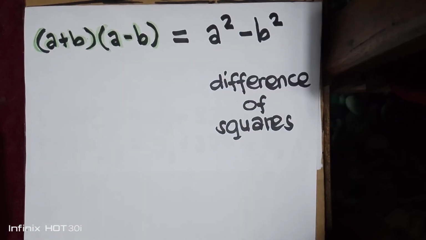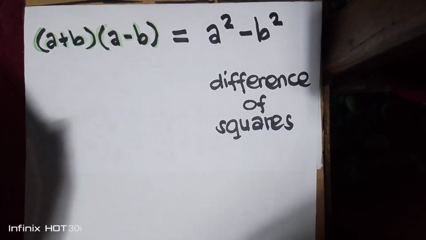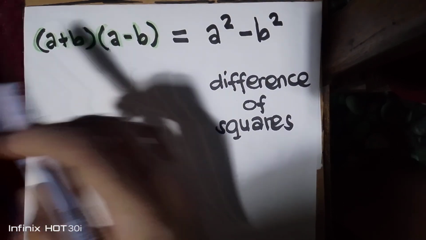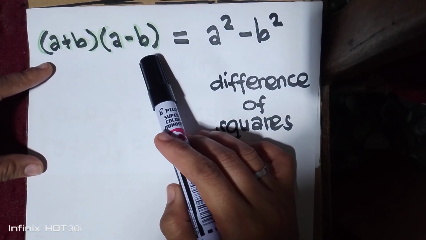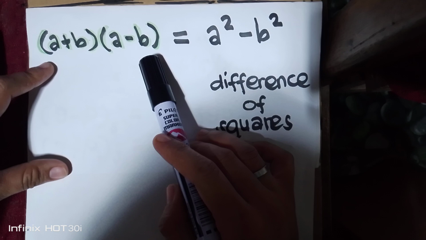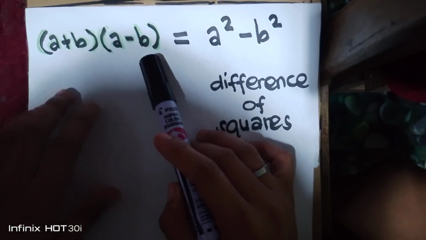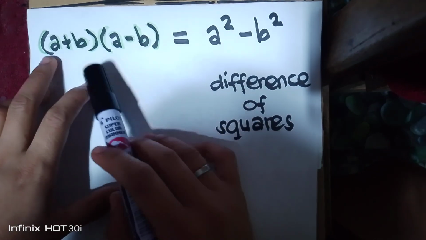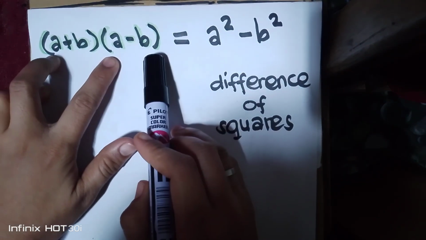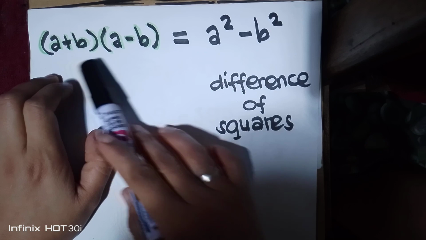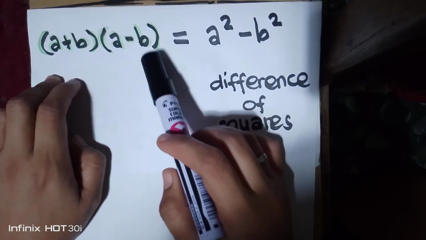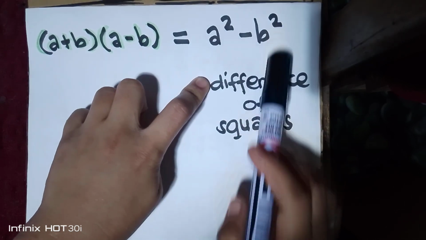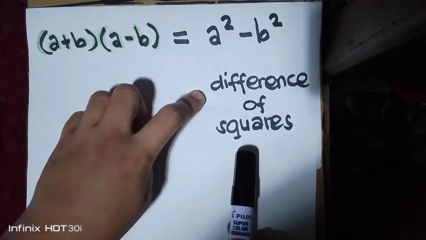Now let's proceed to the other special product. If you find this kind of pattern of binomials, this is a product of a sum and a difference. So the pattern of this binomial is equal to a squared minus b squared, or the difference of squares.